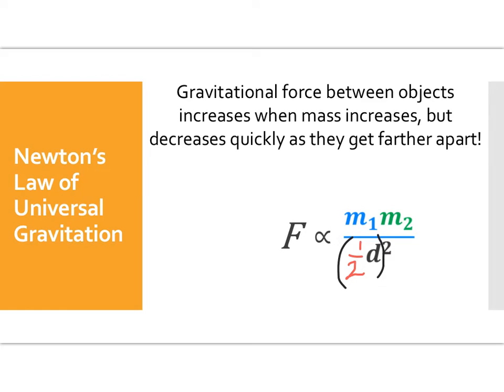Well, that's dividing by 1/4. And as we know, when you divide by a small number, your answer gets bigger. So if I divide by 1/4, my force will become 4 times stronger. Okay? So just remember that force and distance do the opposite of each other. So if distance goes down, force goes up. If distance goes up, force goes down.